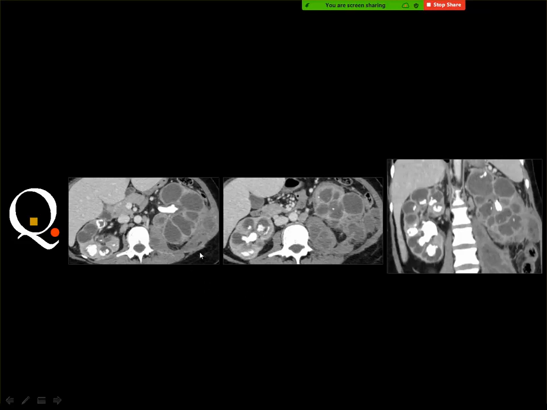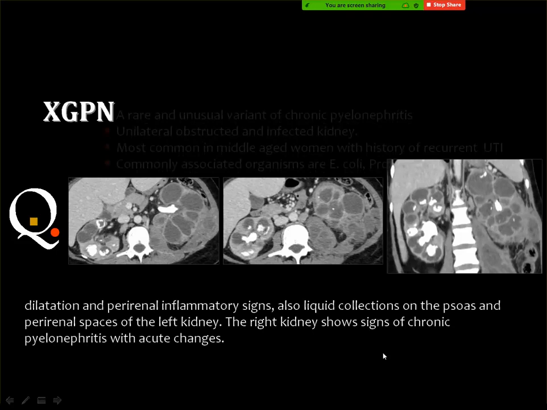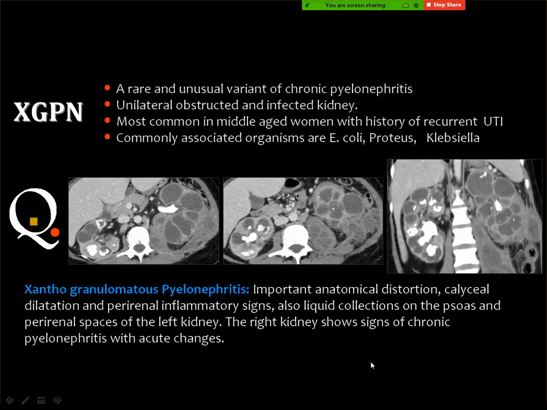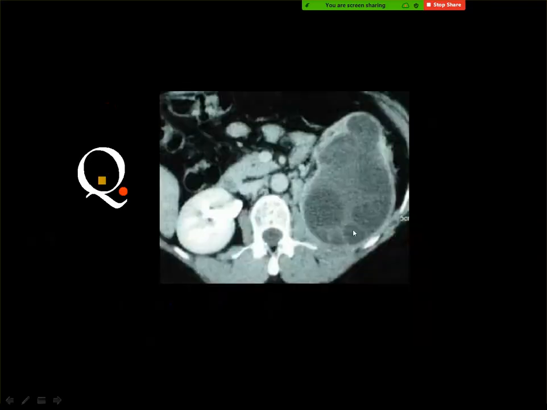But in cases of bilateral disease, you should consider which kidney may be kept, and the other, more damaged kidney should be removed. They always say that xanthogranulomatous pyelonephritis is a unilateral disease, but sometimes you can get a bilateral disease, as you can see in this case.